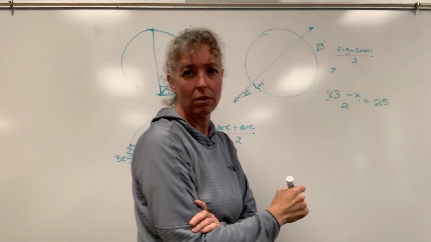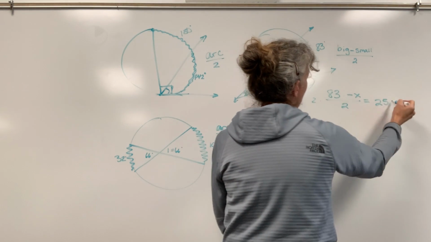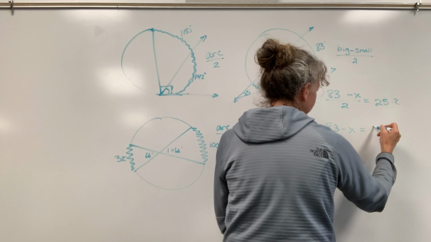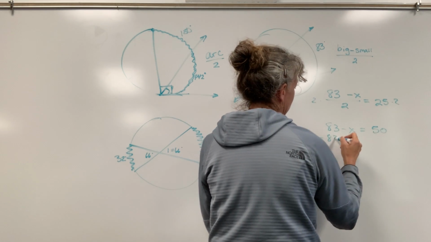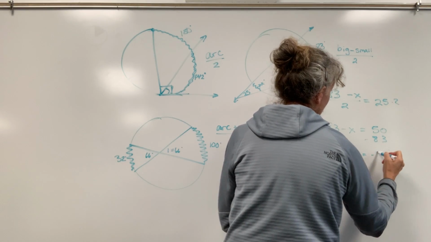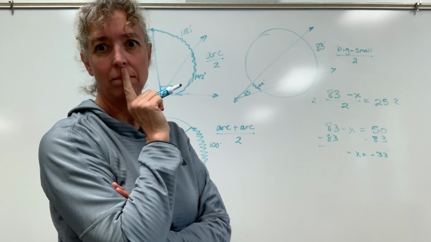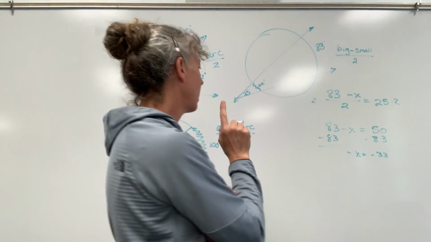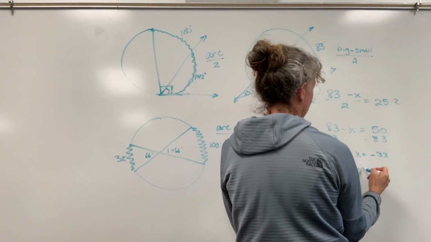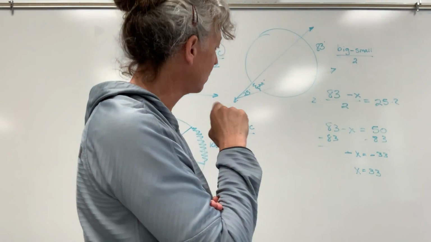So we multiply by 2: 83 minus X would be 50. We subtract 83: negative X equals negative 33. We get rid of the negatives and X is 33. Is that what they asked for, just what X is? Yep, so we're good there.